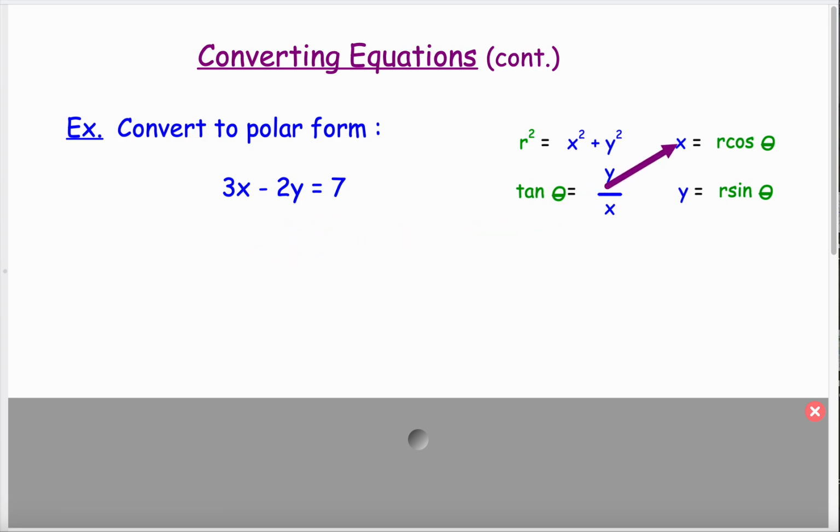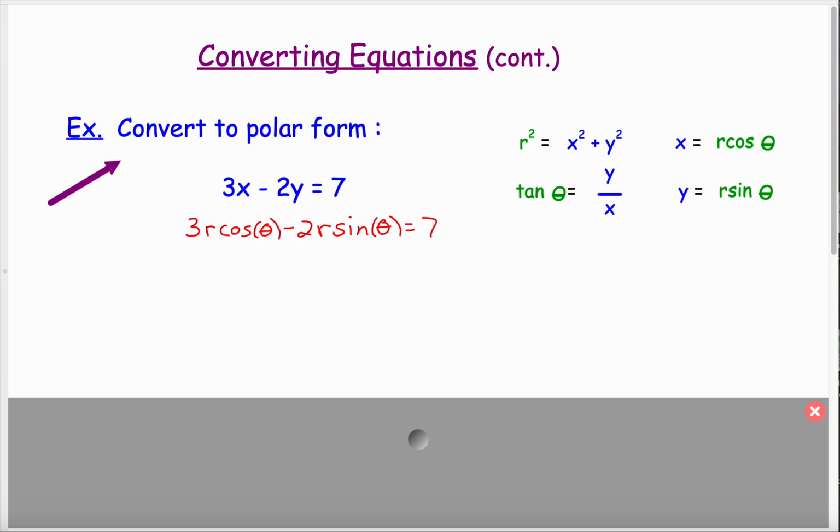Well, x is r cosine theta. So let me replace the x with r cosine theta, and then the y I could replace with r sine theta. That would give us 3 times r times cosine of theta minus 2 times r times sine of theta equals 7. And so we're done. We've converted it.